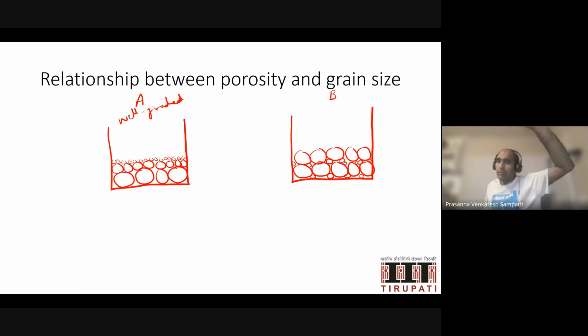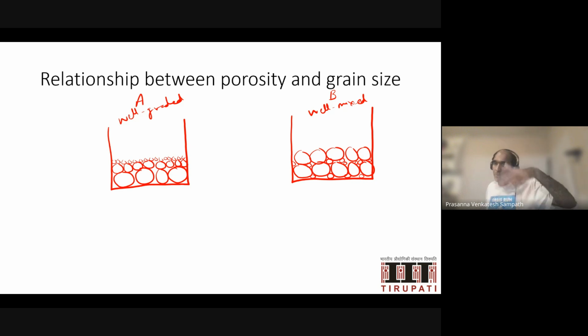It has the same number of large particles, but in the intergranular spaces, I fill in these smaller particles, which in beaker A were arranged one on top of the other. In beaker B, I just fill them in such a way that they go and occupy the pores in between. So this is well mixed. In case B, soils are well mixed. The big particles and the small particles are all together. In case A, they are all graded and sorted.